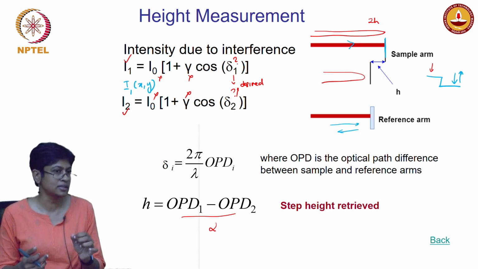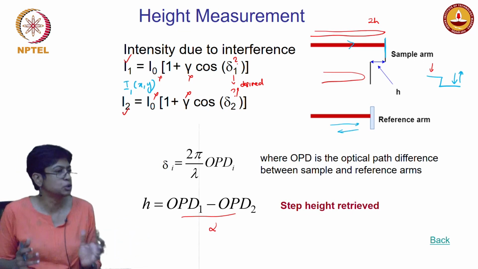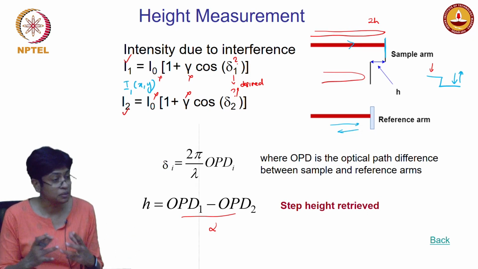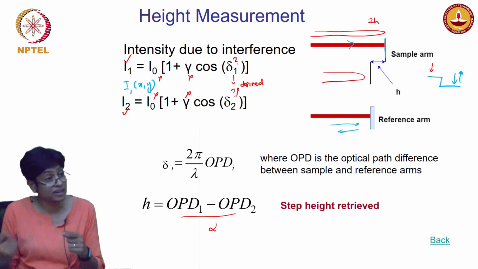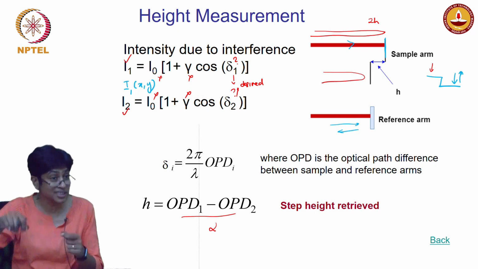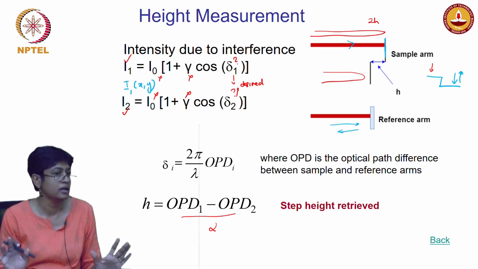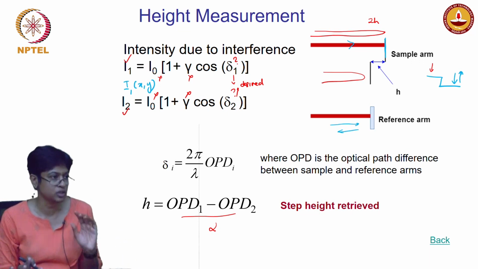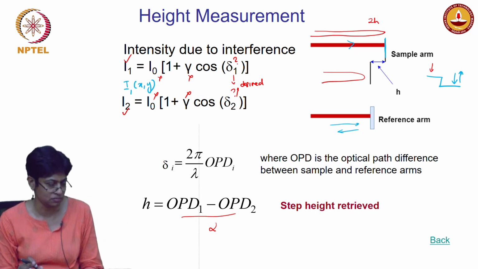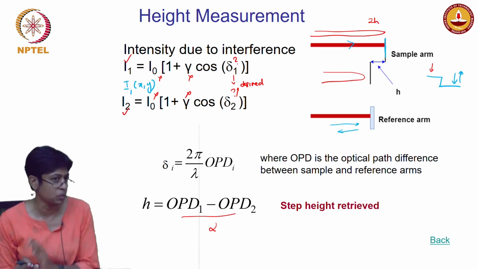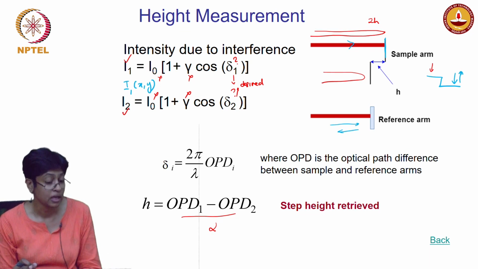But once it goes inside, splits and reflects, getting an accurate measurement of the intensity falling on the detector is very hard. It's not practical. You're not going to get accurate results if you try to measure I1 and I2, so you don't want to calculate I0 and gamma in that sense.